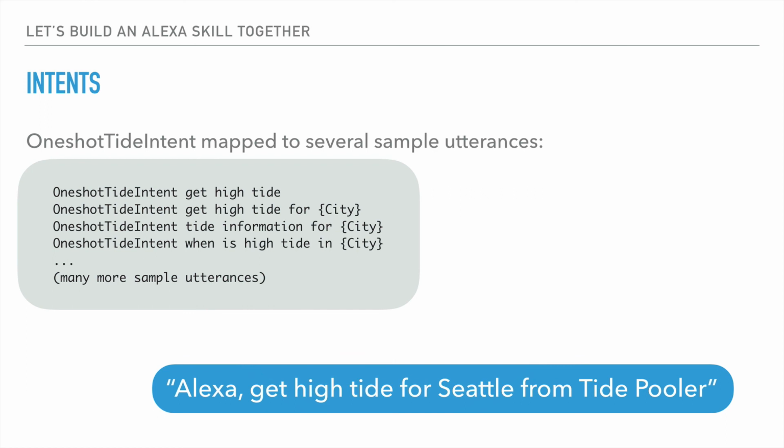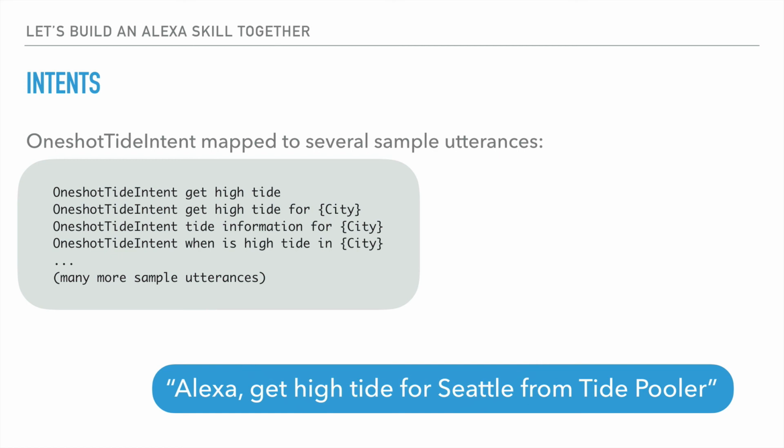Intents is a way of describing what is actually going to get done with what somebody says. So in this example here, we have a one-shot tide intent, and it's mapped to several sample utterances. In the code there, you see one-shot tide intent, get high tide for city.